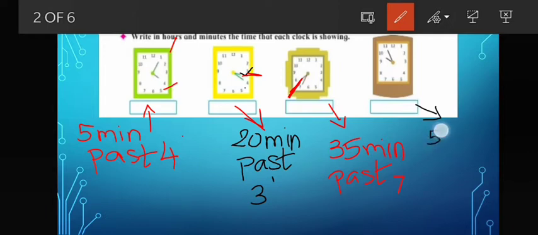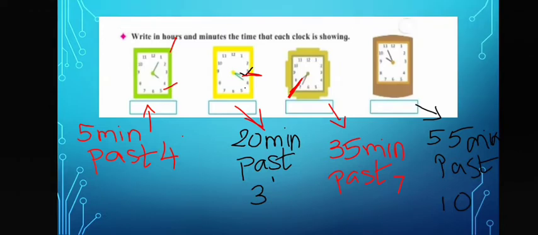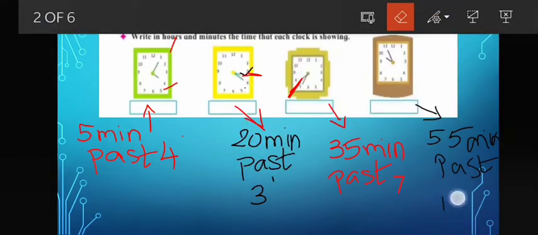So you will write 55 minutes past 9, because it is still not 10 o'clock.